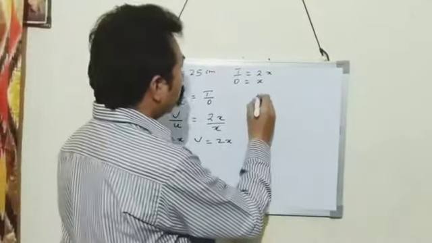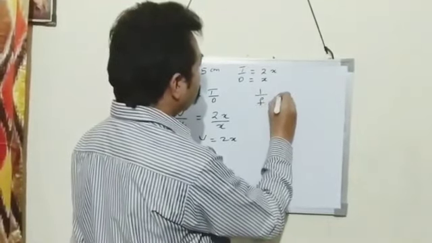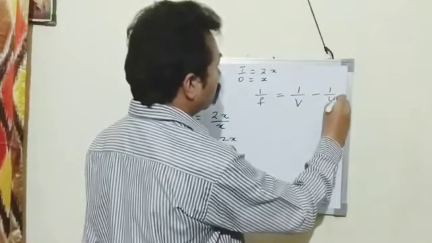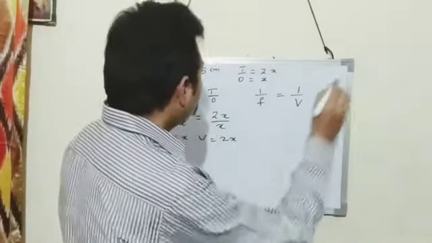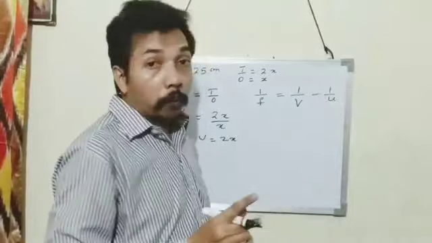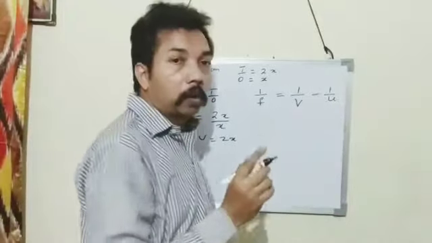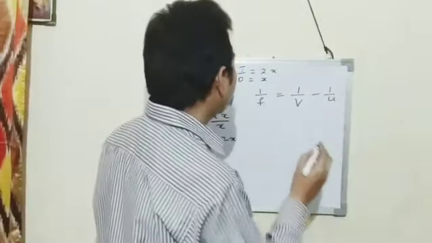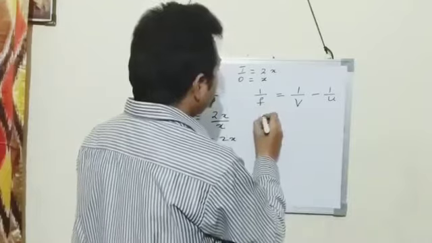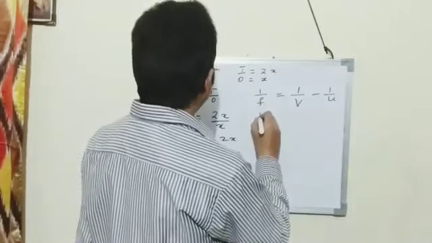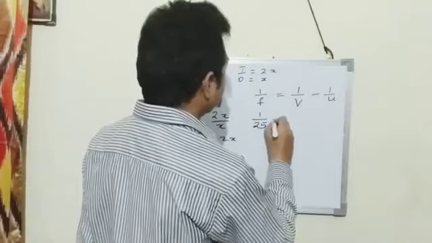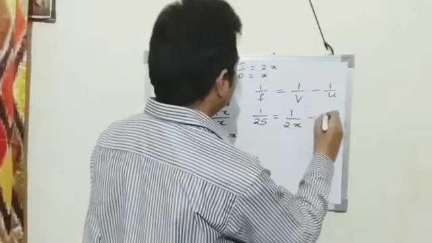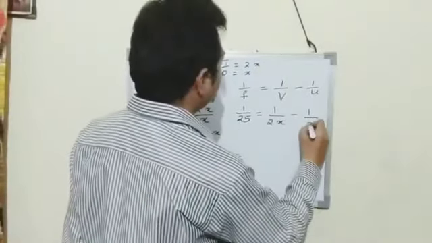Now writing the formula of focal length, 1 upon f is equal to 1 upon v minus 1 upon u. It is a convex lens, so focal length, when we apply the sign convention, is also positive. So substituting the values, 1 by 25 equal to 1 upon v, v is 2x and u is x.